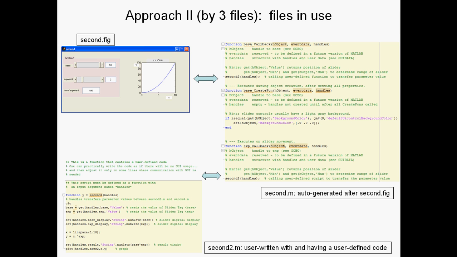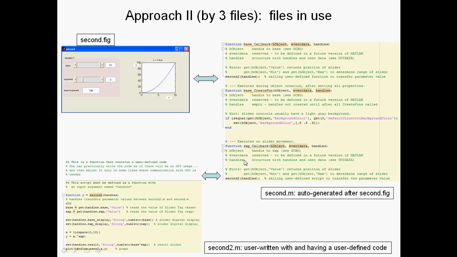Ultimately, there are three files under this approach. The GUI file that we designed, then automatically generated second file, second.m, that has these calls of second2.m file with the argument handles.